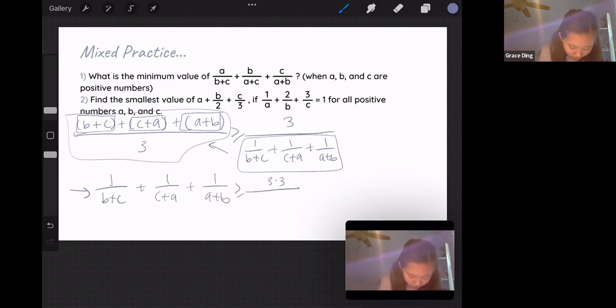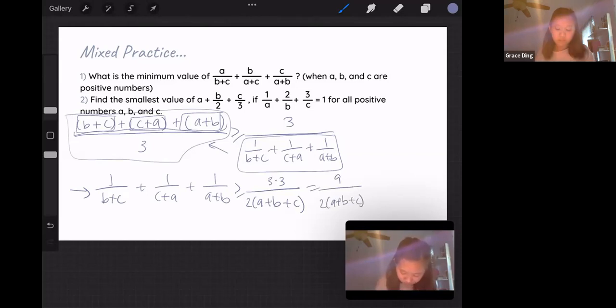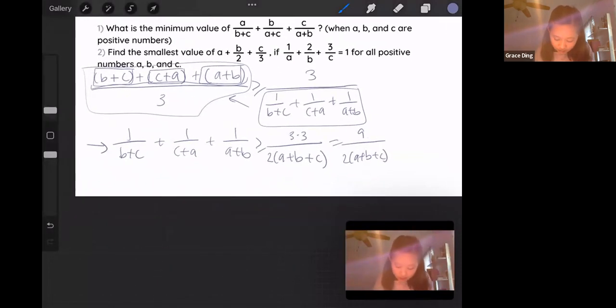And then we can add these up. So we'll have 2 times A plus B plus C. Okay. And now we're going to just multiply this over.